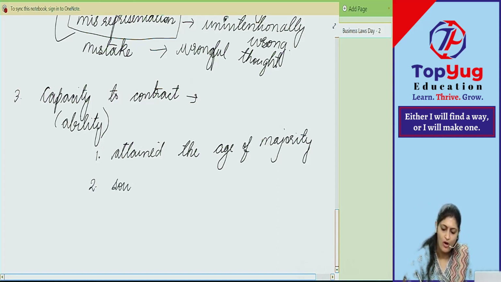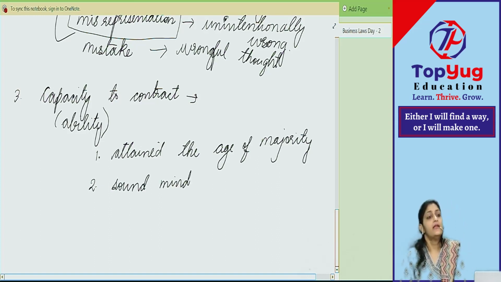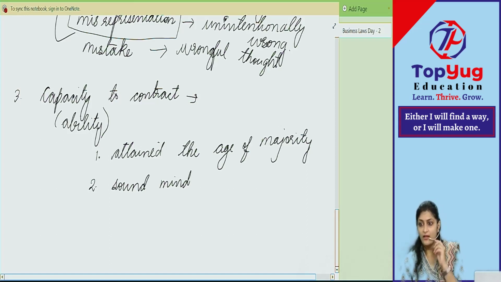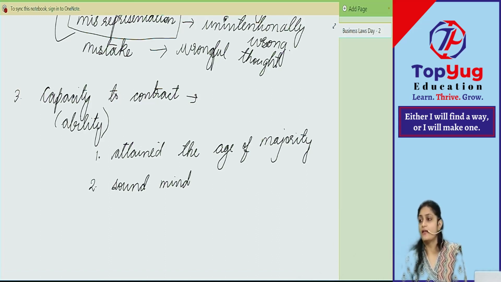Should be of sound mind. Sound mind means what? Knowing everything? Is it possible that every person here knows everything? No. Mentally stable. You are considered mentally stable when you can make judgments regarding the terms and conditions of the case.